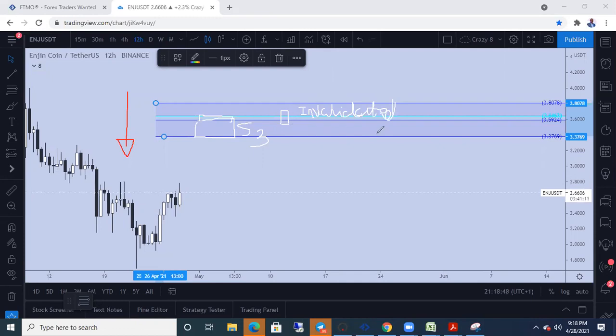So we'll change our mind from the sell and wait for price to come back and close beneath, if we must sell. Or in fact, we could even change our mind and anticipate a buy.